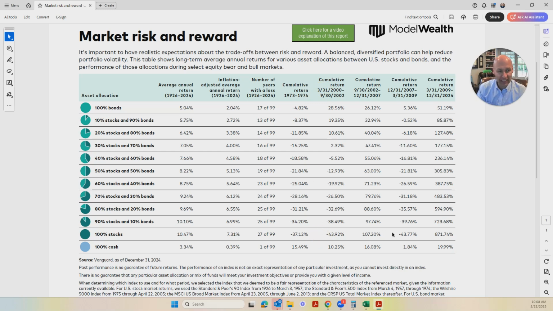And in the Great Recession, starting basically December 31st, 2007 to March 31st, 2009, you'd have lost about 44%. Now, the official bottom of that market was March 9th, 2009. And so markets were down a lot more than negative 44%. This is through the end of the month, basically.